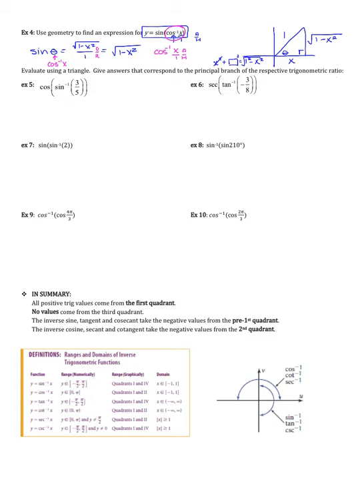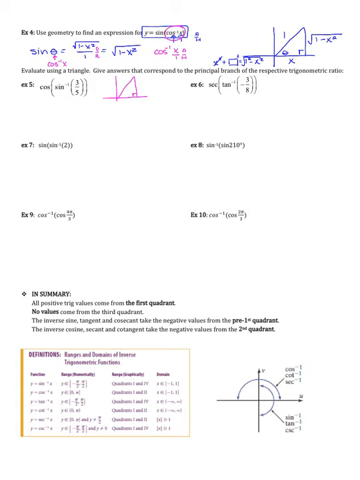All right, now let's use some of our special values. Some of these might require a triangle. Some of these might be ones that you should know from your special triangles. So we start off with cosine of inverse sine 3/5. We use our geometry. 3/5 is a positive ratio, so I'm doing it in the first quadrant.